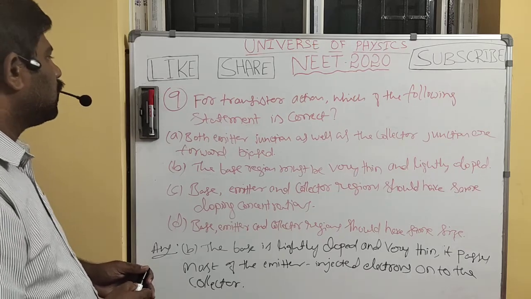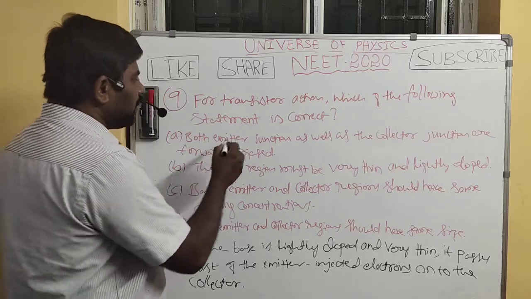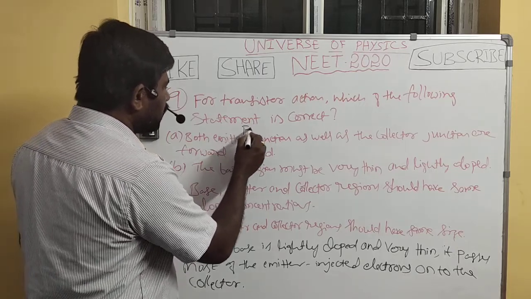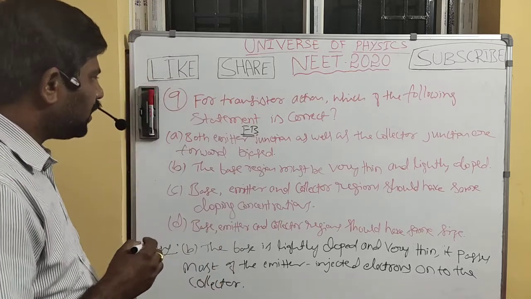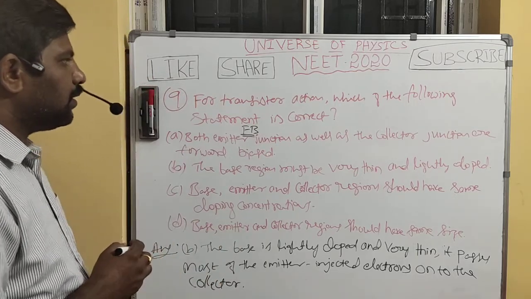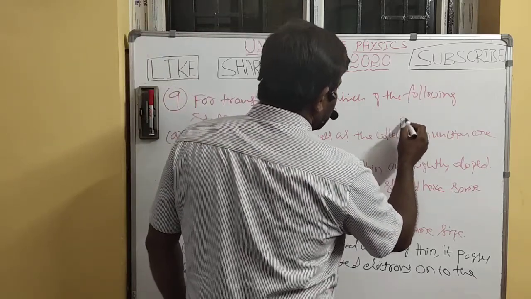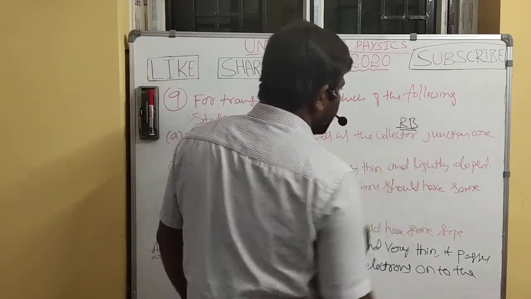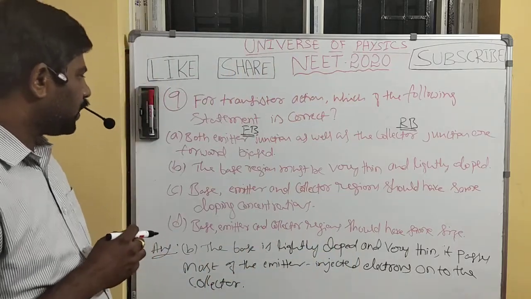No, because emitter base junction is always forward biased, whereas the collector base junction is always reverse biased.